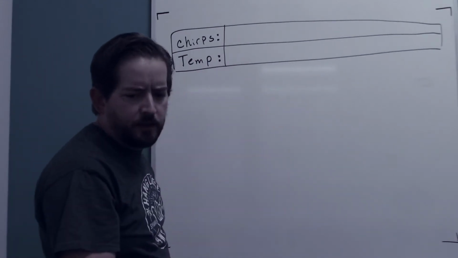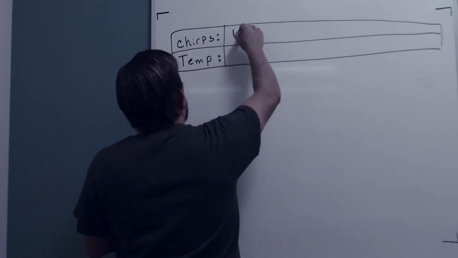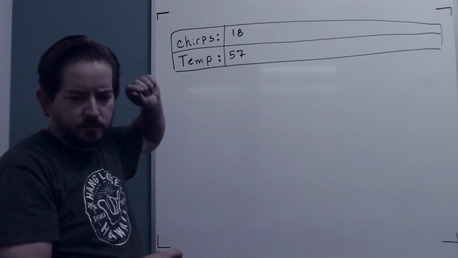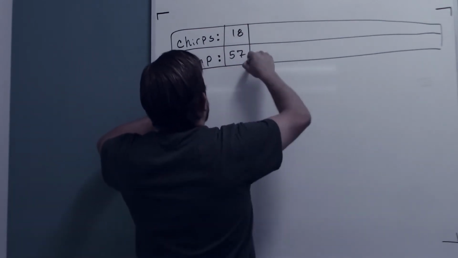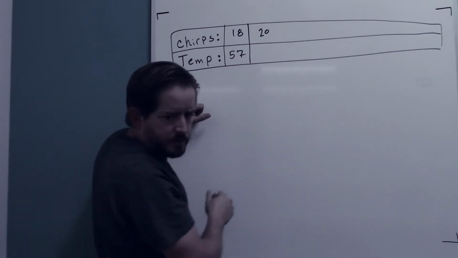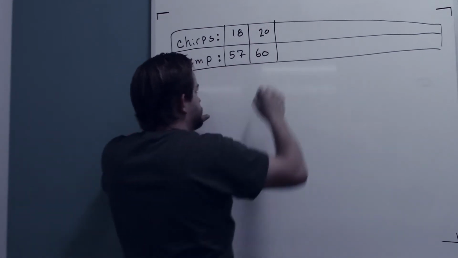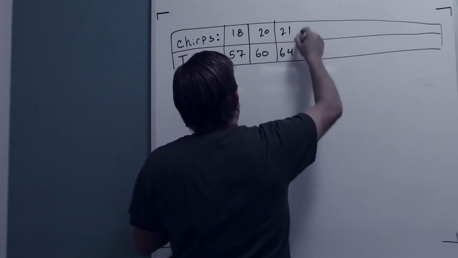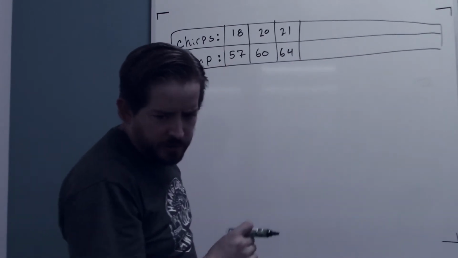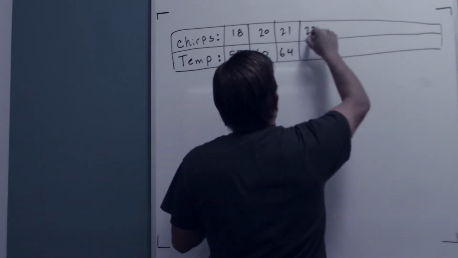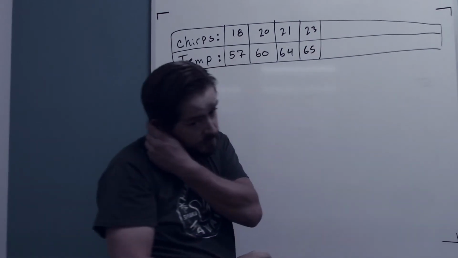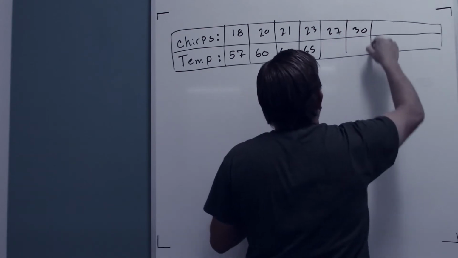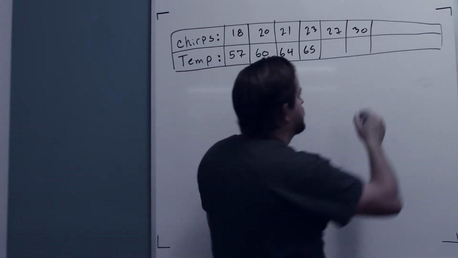So at one point they heard 18 chirps when it was 57 degrees, I'm assuming Fahrenheit, otherwise we're in trouble. 20 chirps when it was 60 degrees. 21 at 64. 23 at 65. 27, 30, 34, 39.